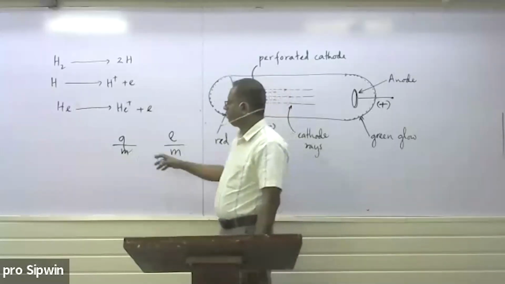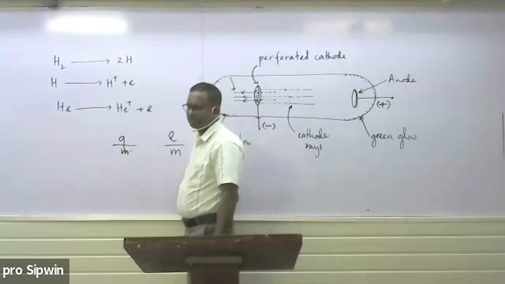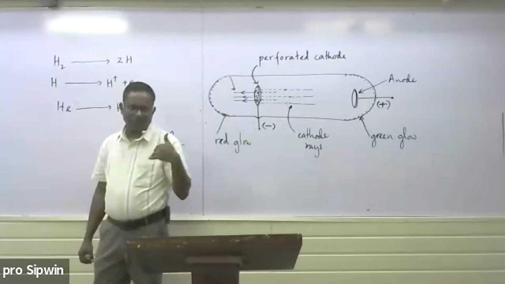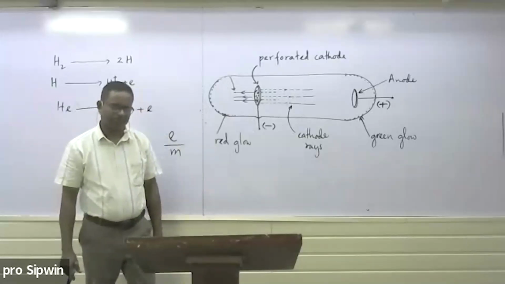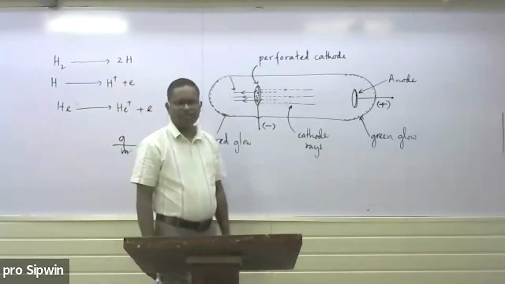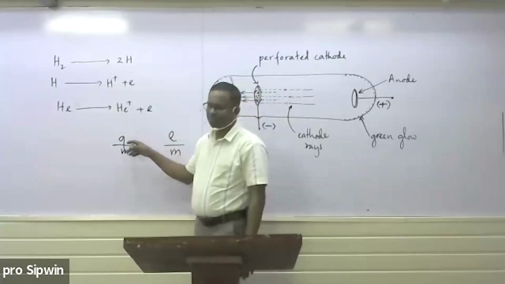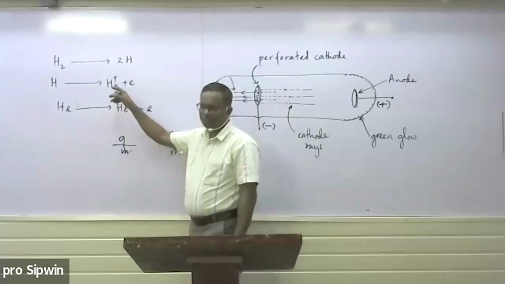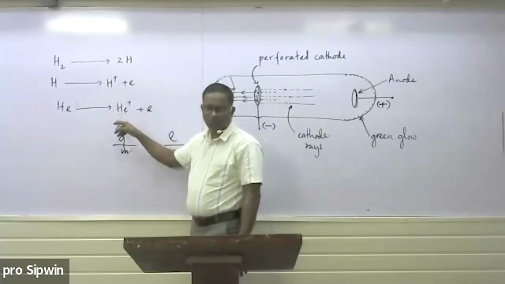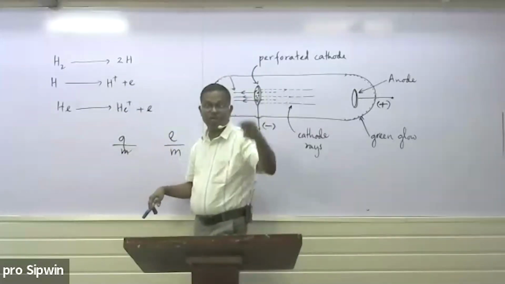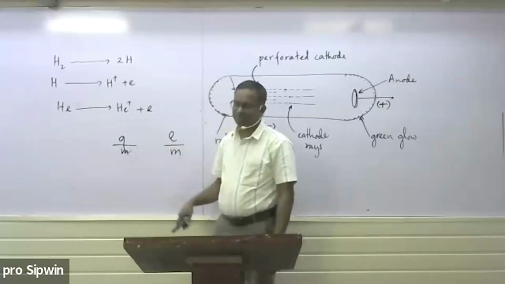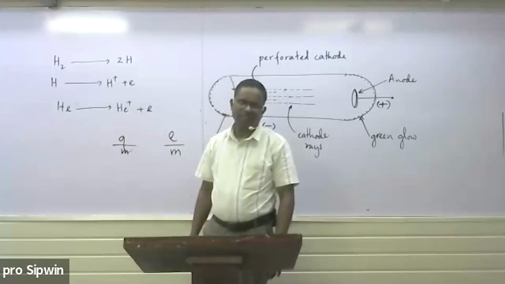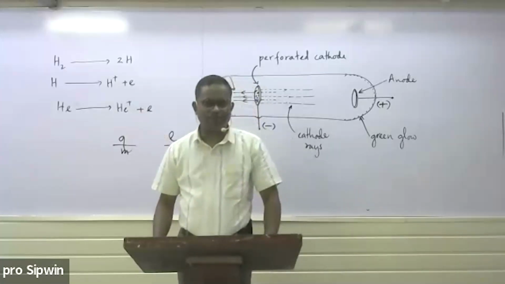When determining that, what did they identify? When we change the gases, the Q divided by M value is different. Actually, the Q value is fixed. For helium plus, hydrogen plus, chlorine plus, the charge is plus one. Our charge is fixed, but the mass is different for hydrogen, helium and chlorine.